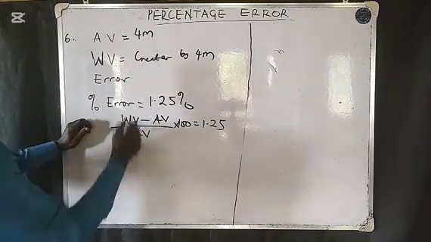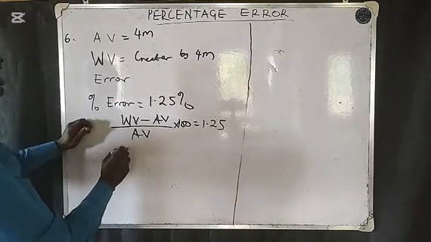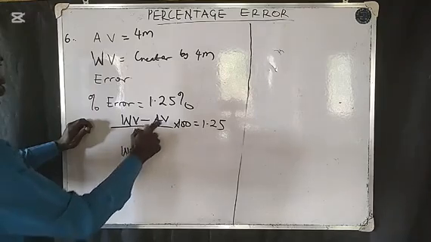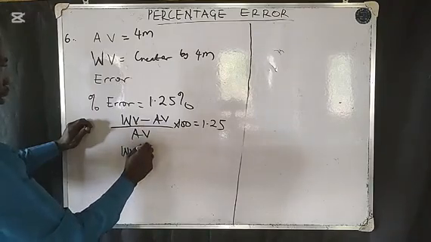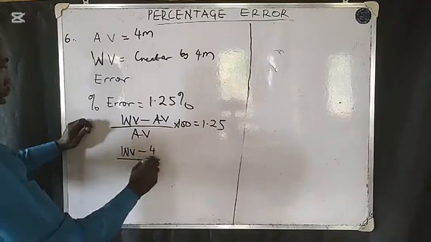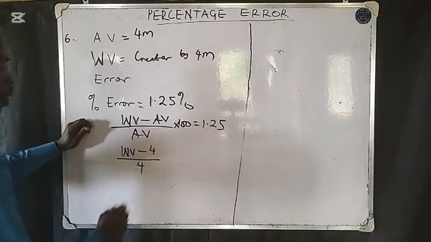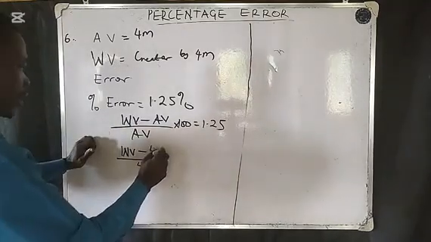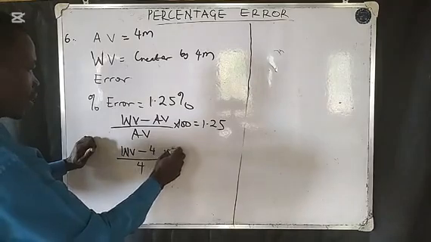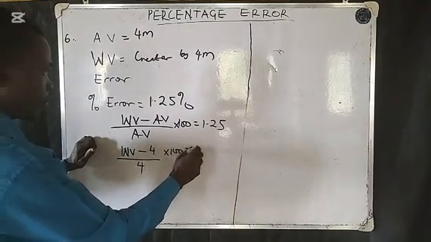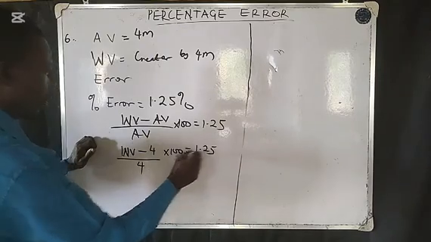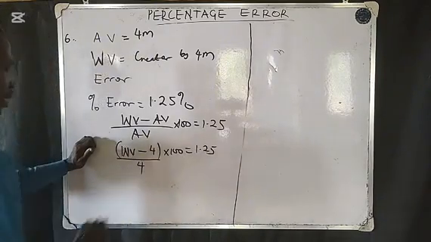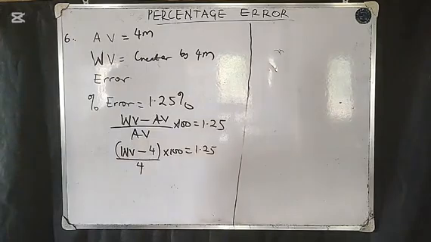Let's fix our values. This is 4, right? Over 4. Is it not so? Good. Then times 100 equals 1.25. Then we can do like this, right?